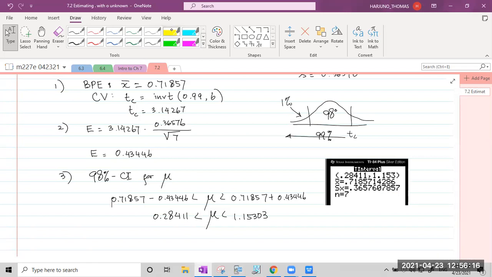Okay, so the lower bound, they happen to give 5 decimal places, right? But the upper bound, they give only 3 decimal places, while I give 5 decimal places.